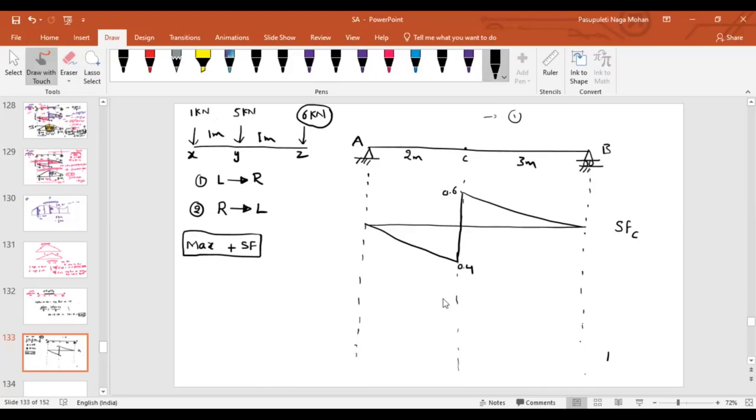So let us try to identify the position. What are the possibilities that we can get? One possibility is that the 6 kilonewton is acting exactly at the point C, whatever the position of the other loads.